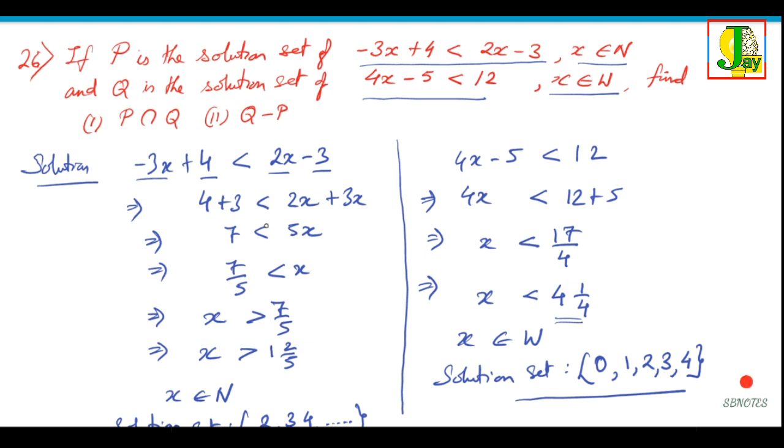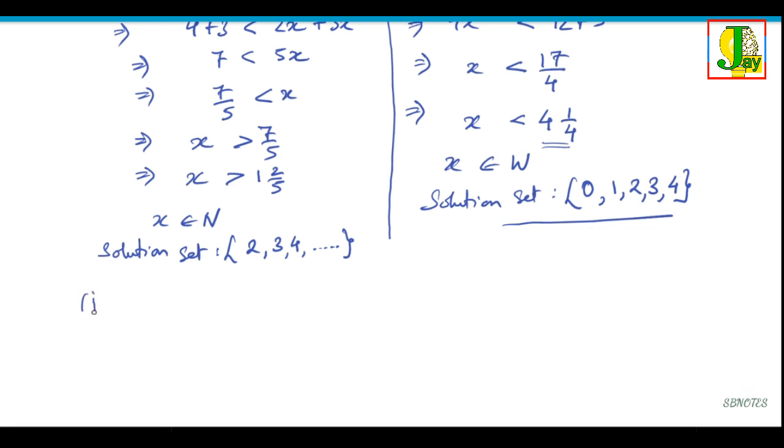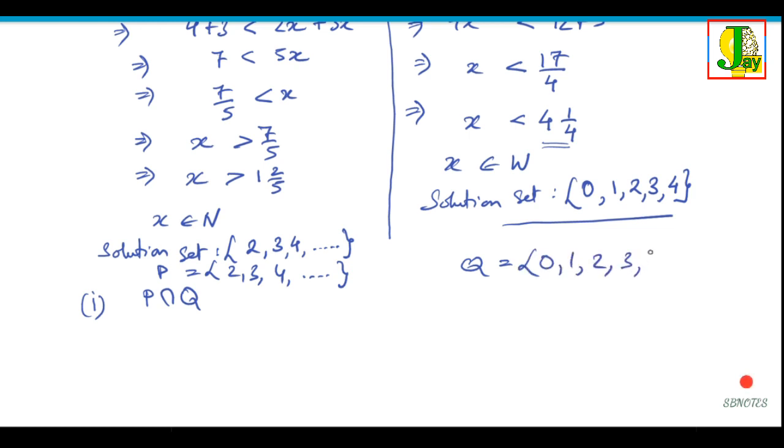Now we need to find the other parts, that is P intersection Q and Q minus P. So the first one, we have to find P intersection Q. Now this means we have to find the common elements of P and Q. This is P and this is Q. We can write P as 2, 3, 4 and so on, and Q is 0, 1, 2, 3, 4.